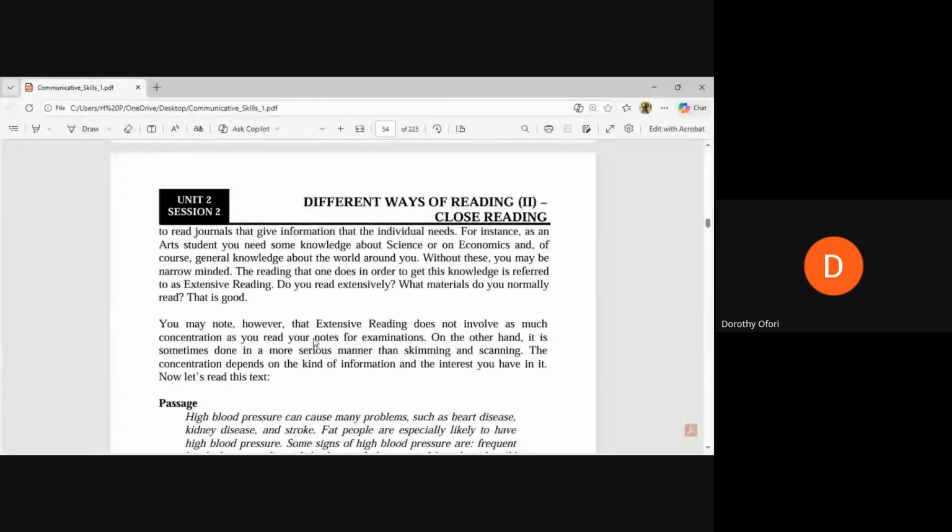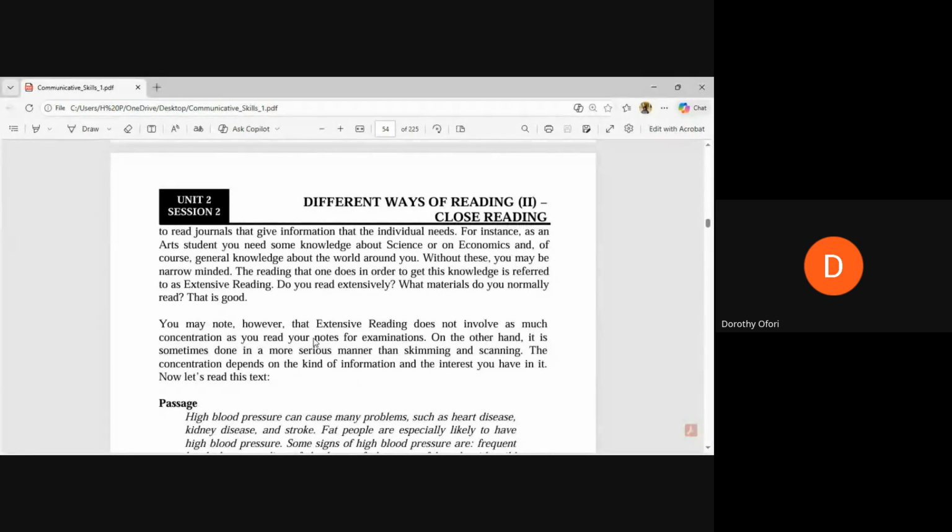Sometimes too, when we read extensively, it feels like we are skimming and scanning, because they are not even in our field. But the important thing is that when we deal in extensive reading, we are looking at certain information that is not related to our field of study with the purpose of enriching or gaining more knowledge.